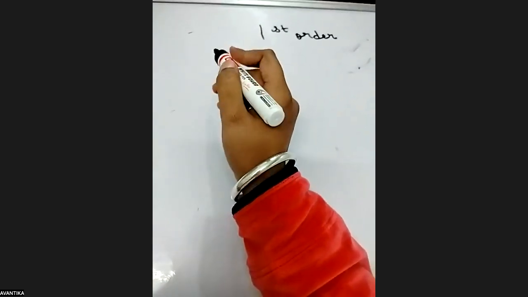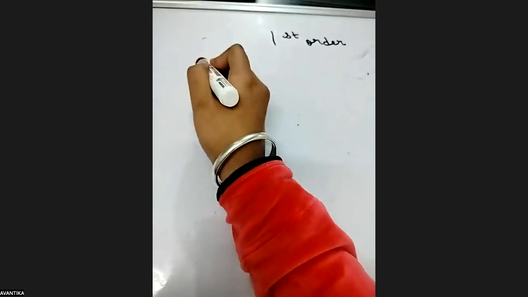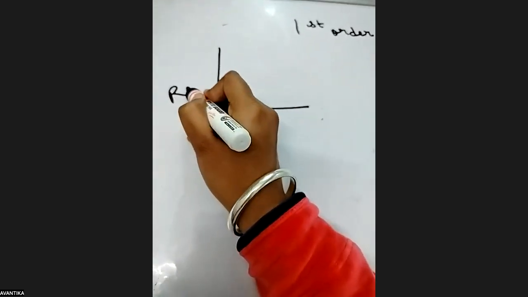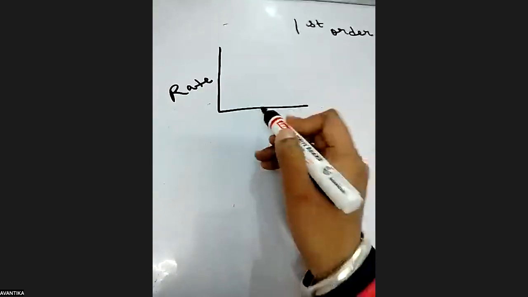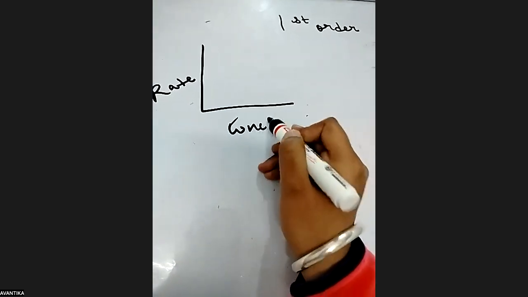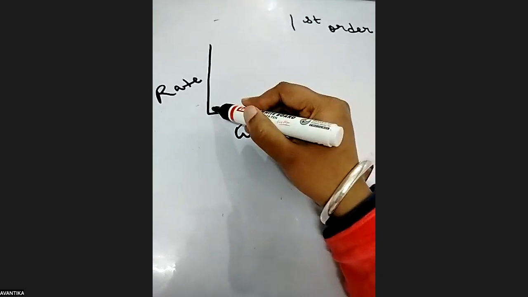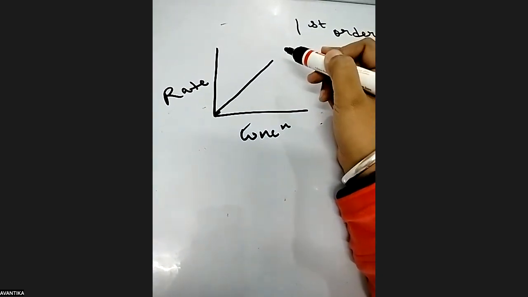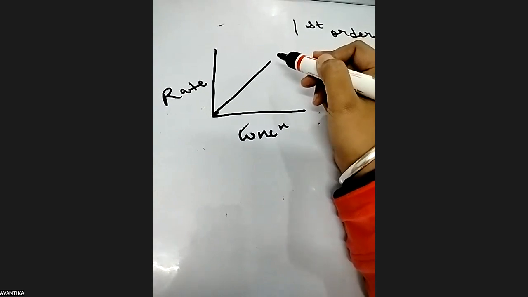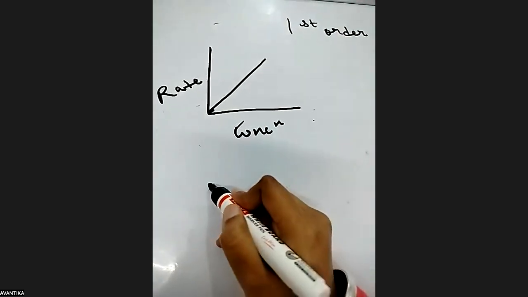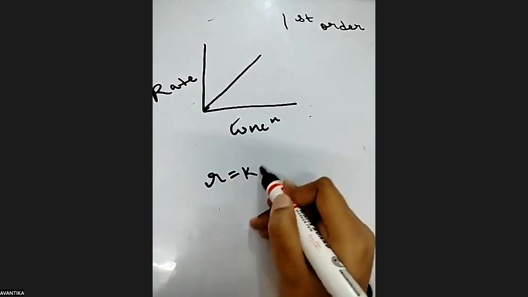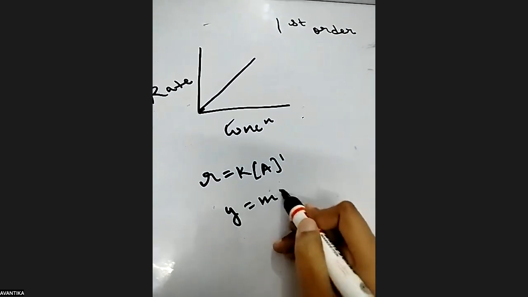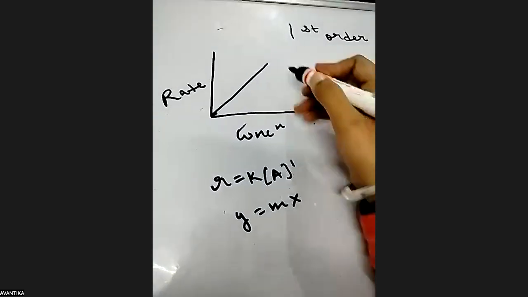So when we draw the graph between rate and concentration, we get a linearly increasing graph, with the expression rate is equal to Ka. From y is equal to mx, the slope here comes K.